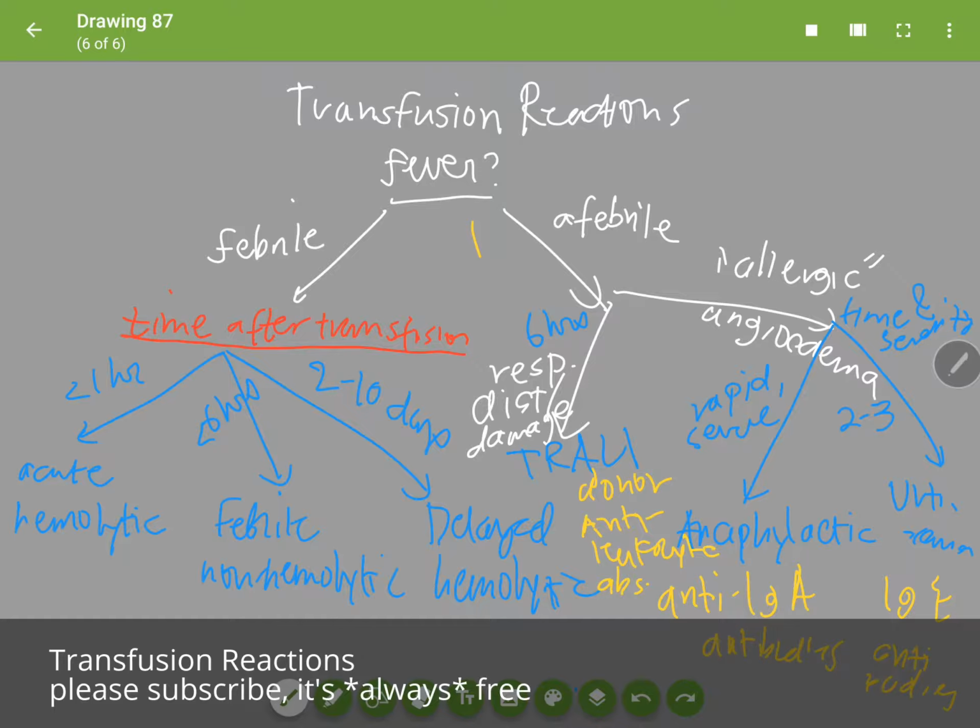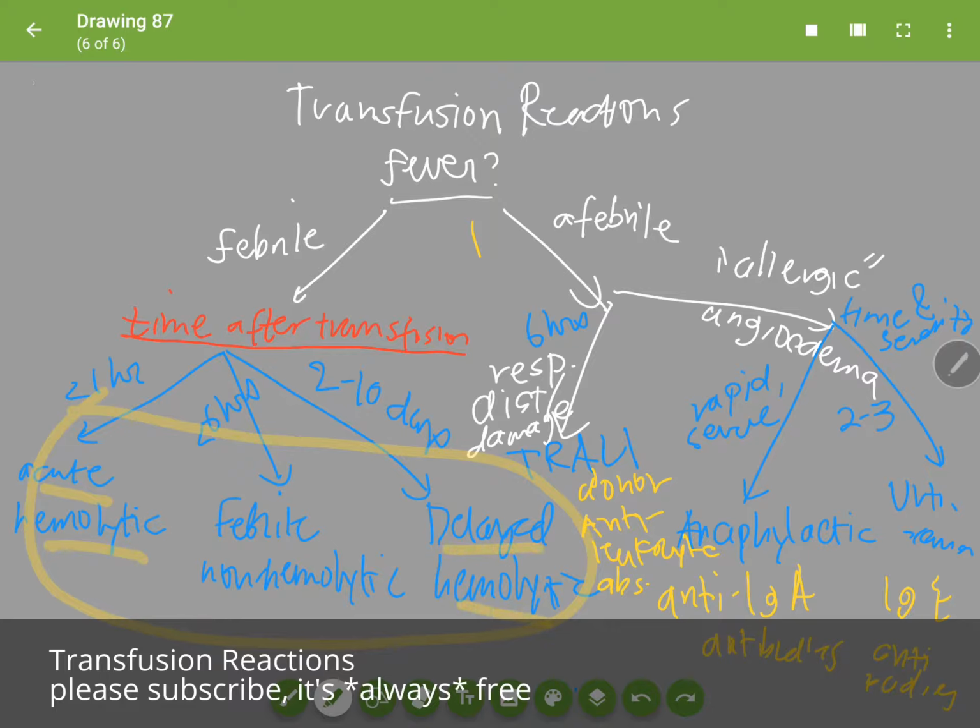As far as the difference between these three, the febrile transfusion reactions, the way I remember it is the two hemolytic ones, the acute hemolytic and delayed hemolytic, are like the extremes.